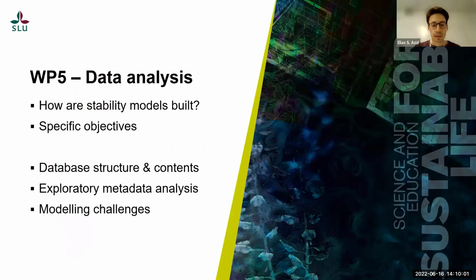This being said, let's now dive into work package 5, the data analysis. And there I want to present a bit about how stability models are built and what we are trying to do that is different from what has been done before. And then I'll go through a couple of preliminary results and insights.